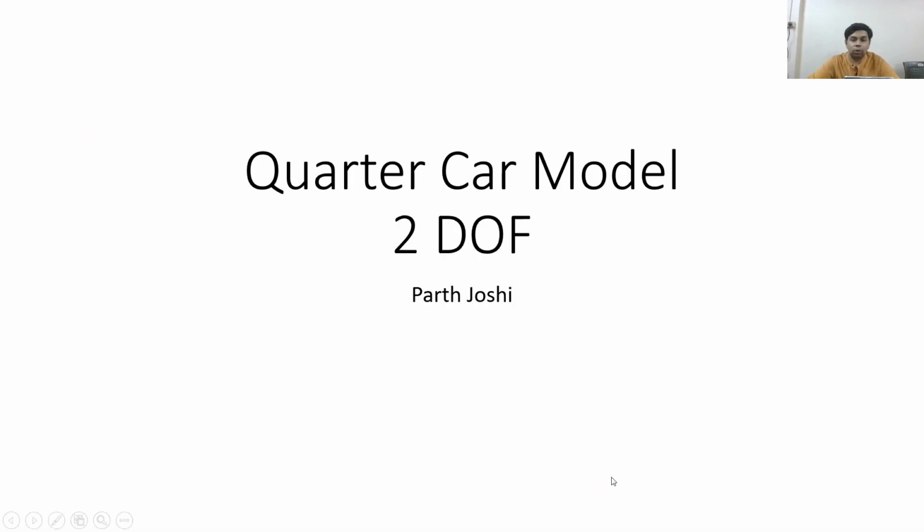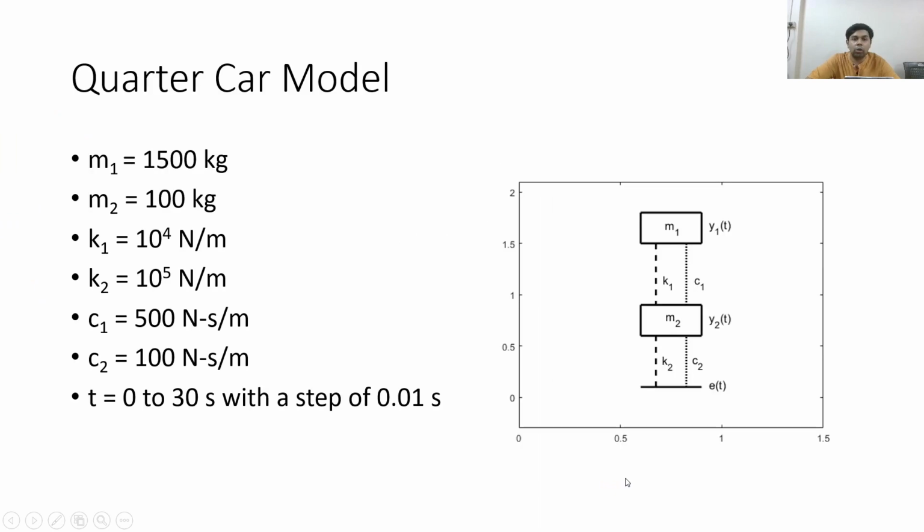So let us go to our quarter car model. Here we can model our passenger car using the same system, as a 2 degree of freedom system.